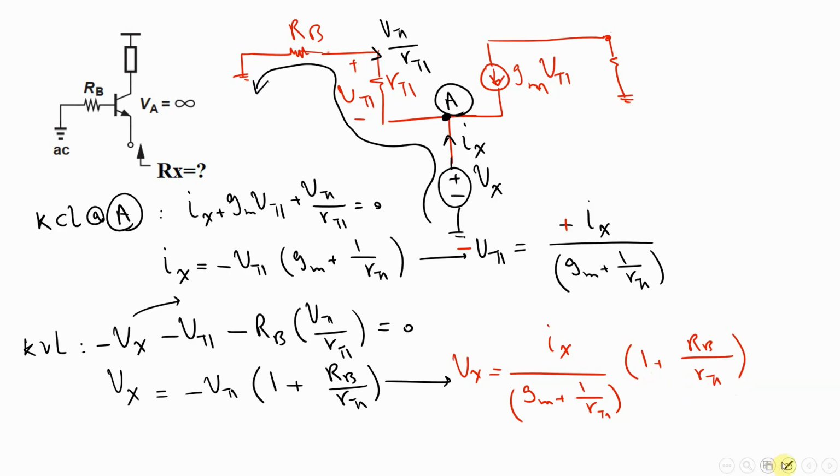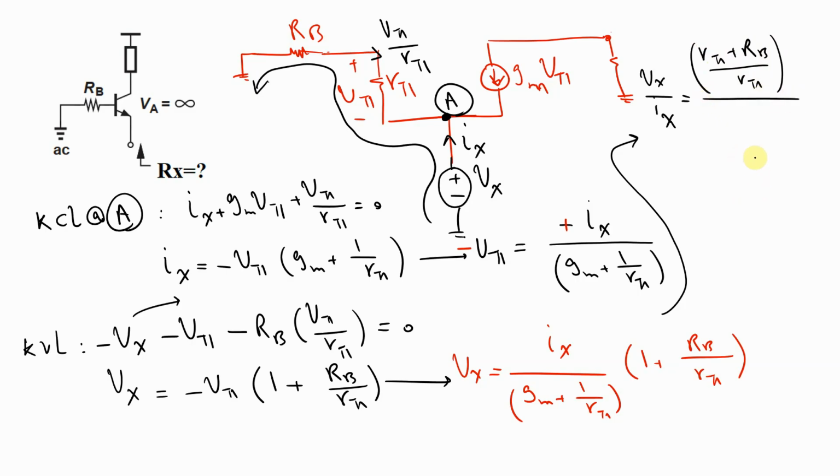Now by using some simple mathematics, let me just write it here. Vx divided by Ix equals, if we get the common denominator from these expressions, on the numerator we have R pi, and here we have R pi plus RB. Okay, and in the denominator again we have R pi as the common denominator.